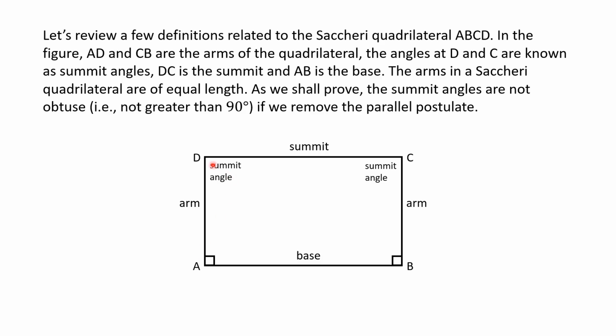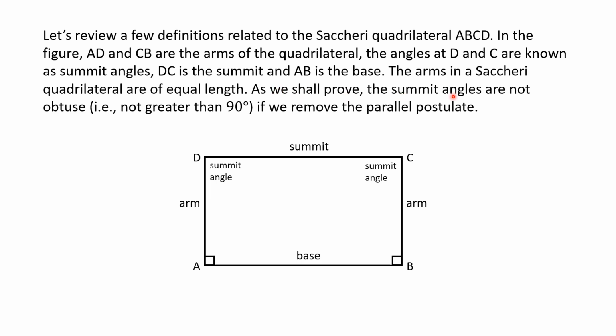And then the top segment of the quadrilateral is called the summit, and the angles here at D and C are called the summit angles. And we also define the Saccheri quadrilateral to have arms of equal length, which I mentioned here.